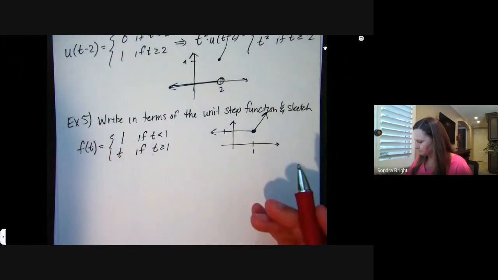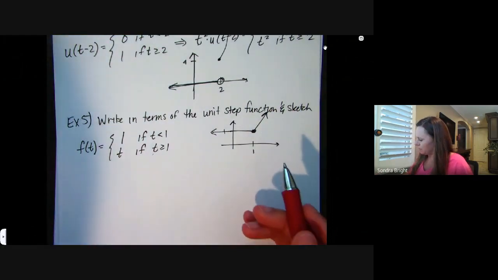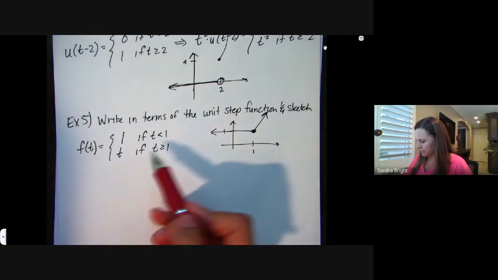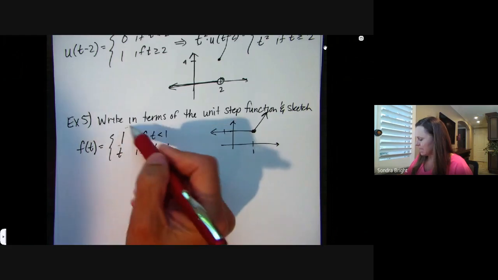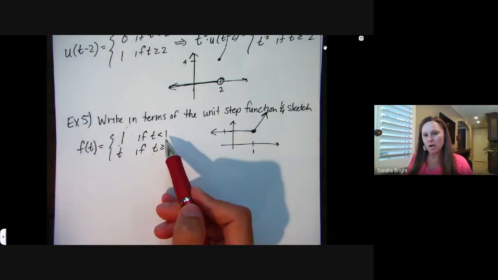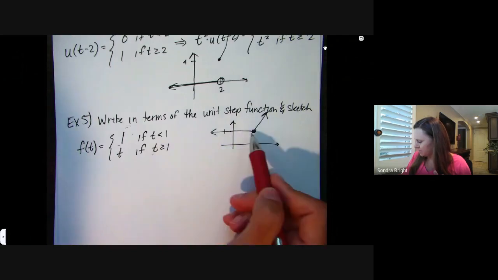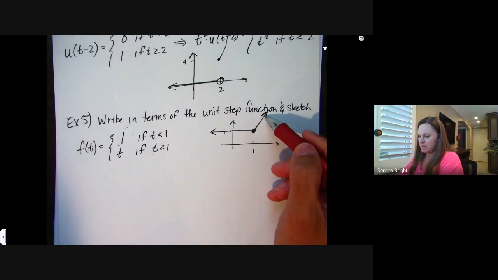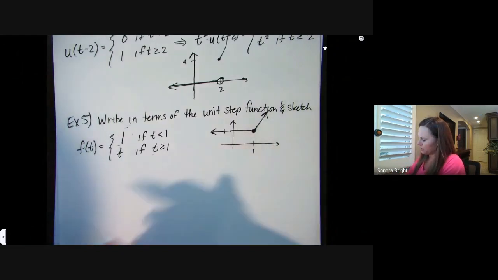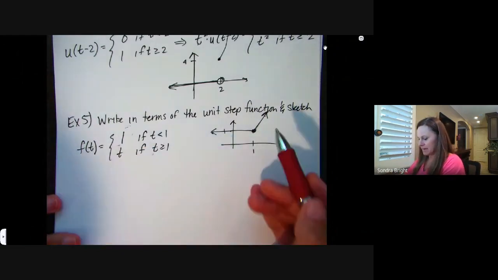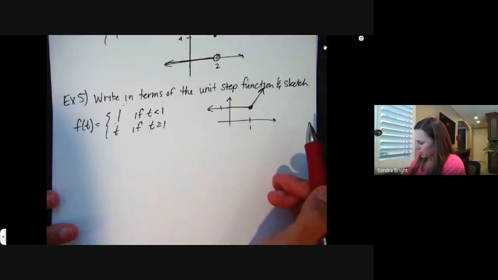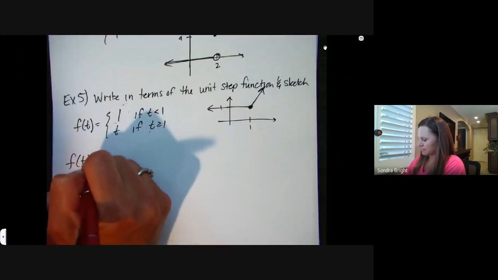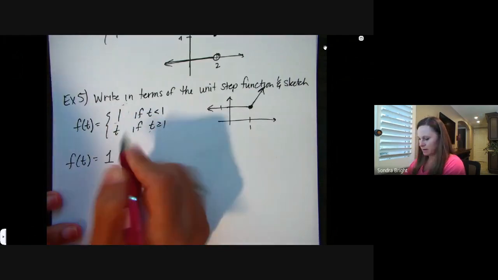So you can imagine that for t less than 1, you're going to start off with 1. You're starting off with this value here, right? And then when t is 1, you're going to shut off this function and turn on a new function. It's going to switch off. You're going to switch off the first formula and then turn on the second one. All right, so what that means is you start with a 1, start with this function's value right there, right?